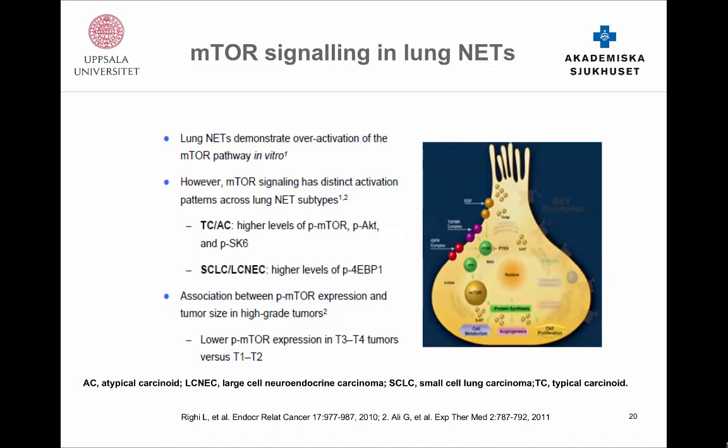And one of these systems is called mTOR, and that is found in most neuroendocrine tumors, but is particularly upregulated or activated in lung NETs, both typical and atypical lung tumors.